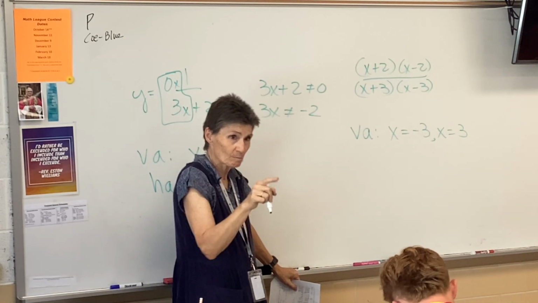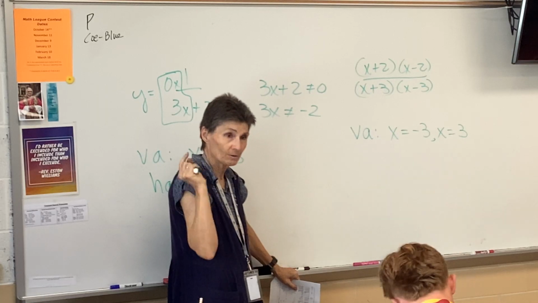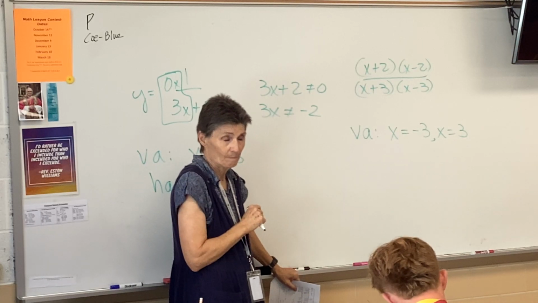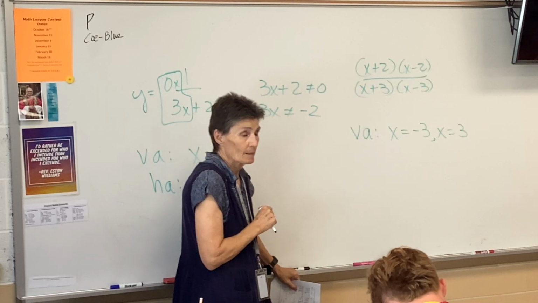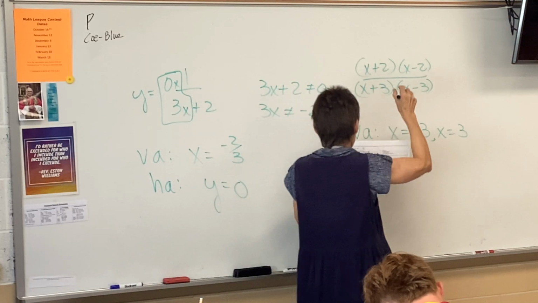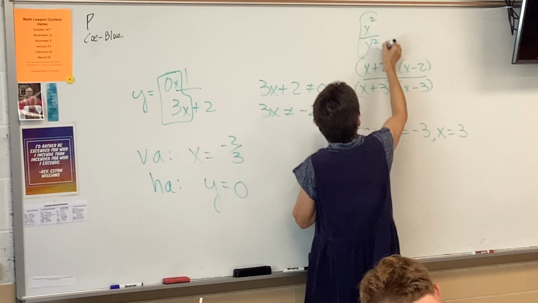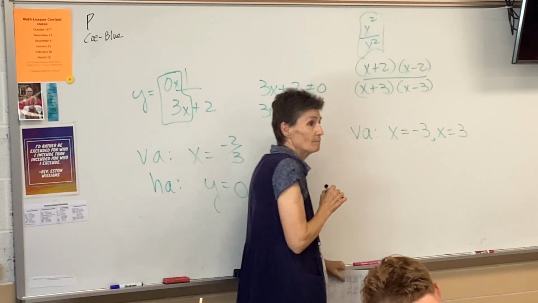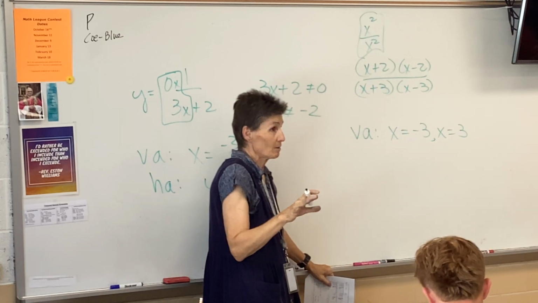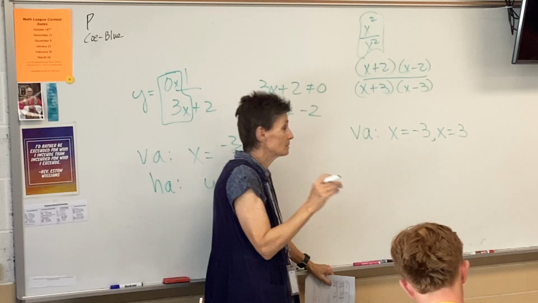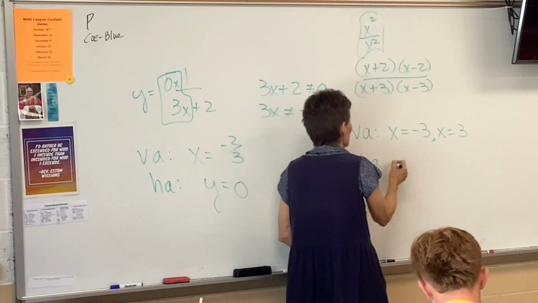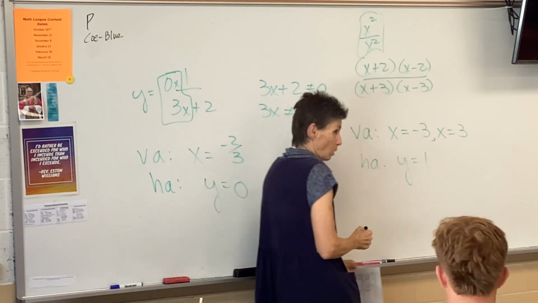Where do vertical asymptotes come from? Denominator. Now, if I looked at my original problem, don't I have x squared over x squared? The rest of it doesn't matter. I have x squared over x squared. So my horizontal asymptote is y equals 1.